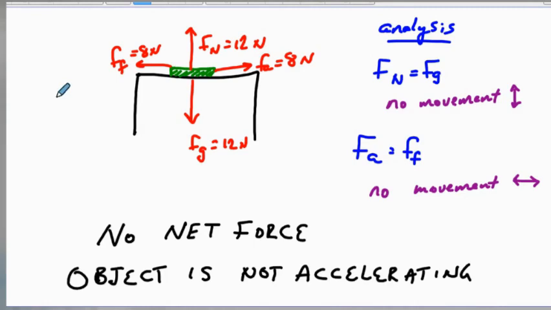What we're really looking at is we're using the free body diagram to determine if there are any net forces acting on the object. And what the net force is telling us is whether the object is accelerating. If all the forces are equal, it is not accelerating. So now what we're going to look at is what if the applied force doesn't match the frictional force?